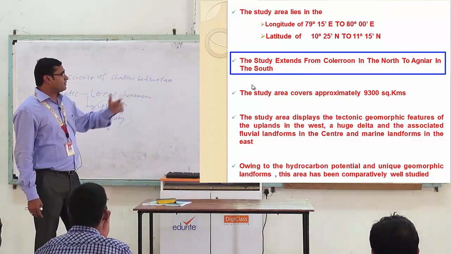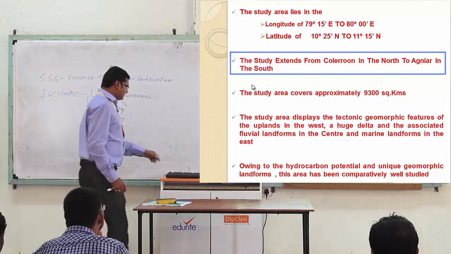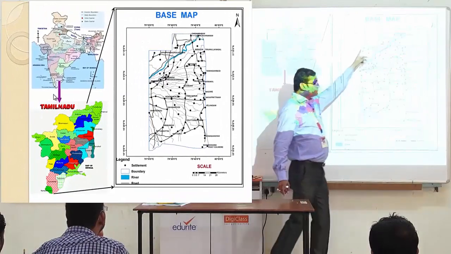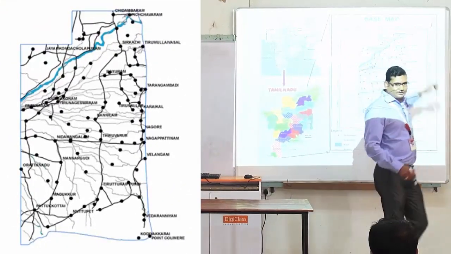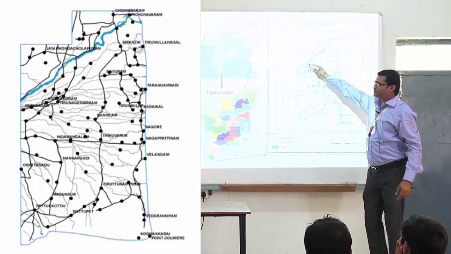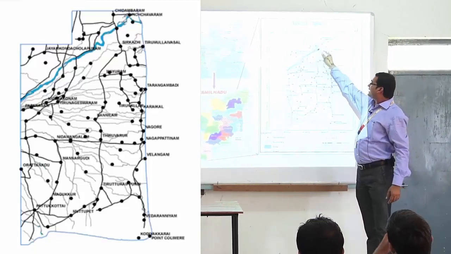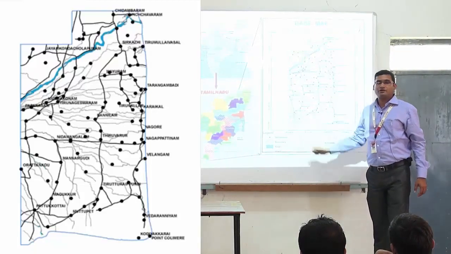The study extends from Kolerenu in the north to Agner in the south, because the Kolerenu river is present in the upper portion of this. You see, that one river I have demarcated here, and the Kolerenu river is here, and whenever you come to this lower part, that is the Agner river.